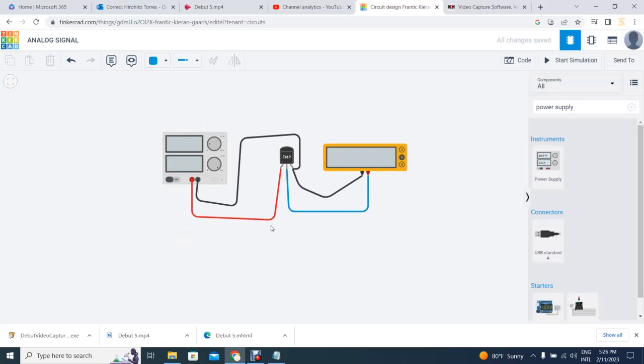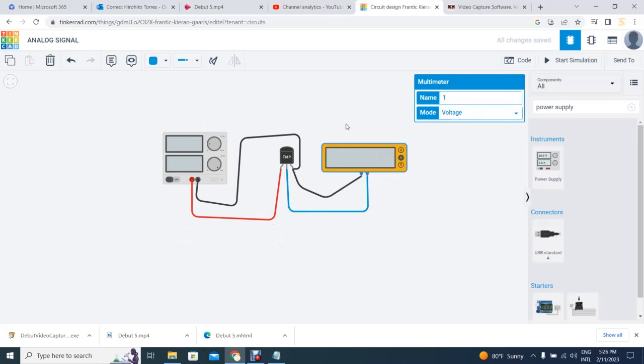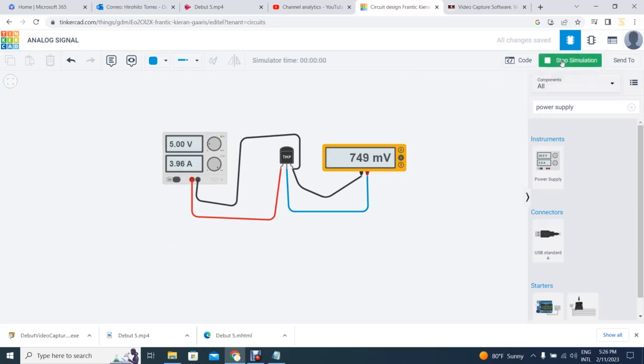That will do. So now this guy, when you touch it, has to be in voltage because it's going to be measured in voltage. Now here's the trick. This guy will change temperature. It's a simulation. So when I start the simulation, let's check where it is. As you can see, right now it's at 25 degrees.